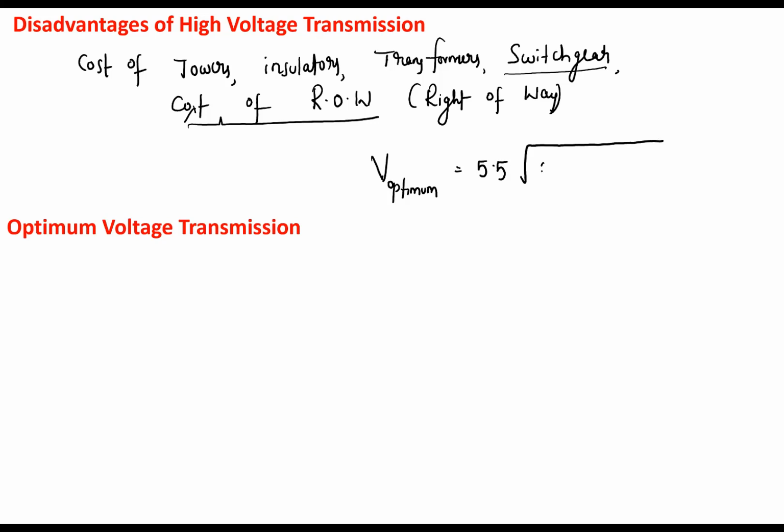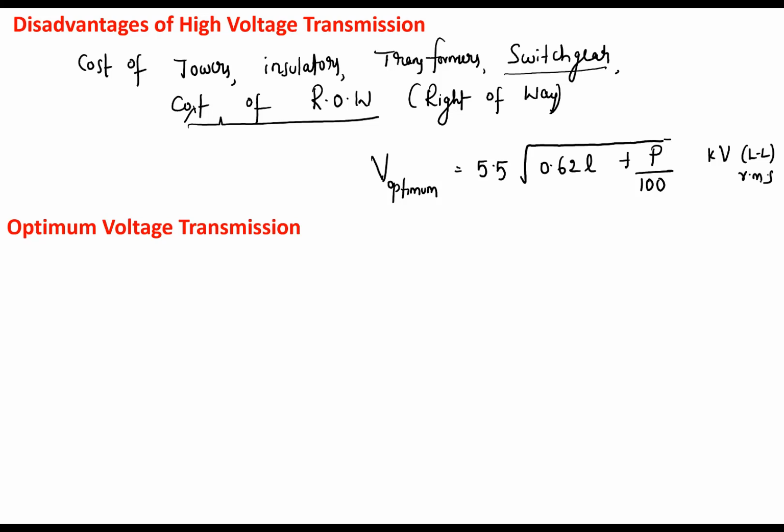The optimum transmission voltage is given by 5.5 into square root of (0.62 L plus P divided by 100) kV, line to line RMS voltage. All voltages by default are RMS voltage.